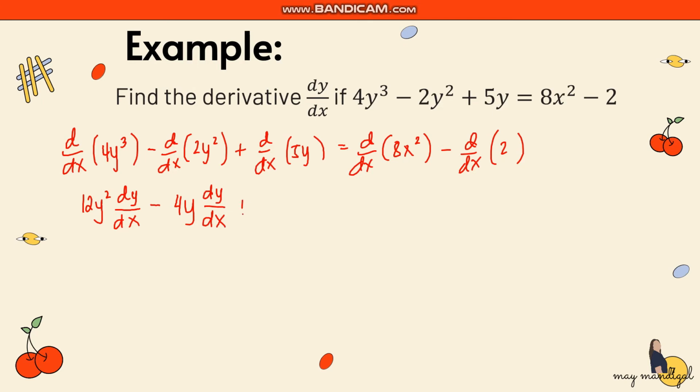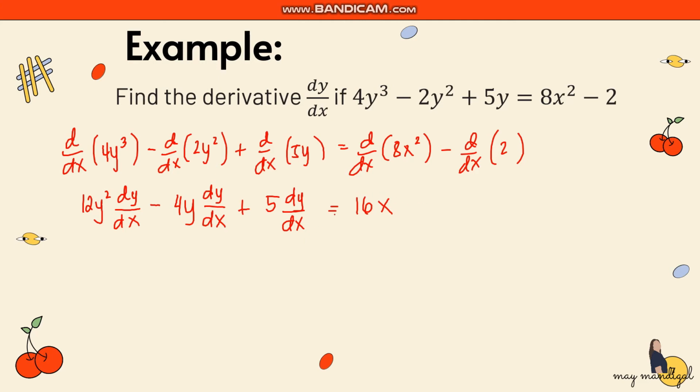Next one, this is 5y, so the derivative of this is 5, and again attach a dy over dx since that is a y term. And then on the other side, we have here 8x squared, so that will be 16x. And then this one is minus 2, or the derivative of 2 is 0. So that is minus 0, so I will not put it anymore.